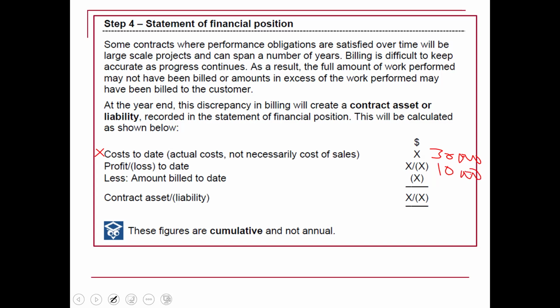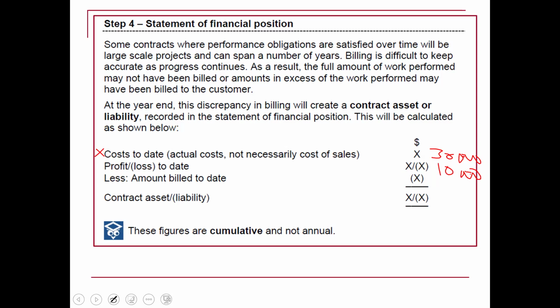So if we had incurred cost of 30,000 and we have estimated that the profit is 10,000, it means the customer should firstly pay us back all the costs we've incurred, which means they should give us 30,000. They should also pay us the profit, which is 10,000, so the total that the customer should pay us is actually 40,000.